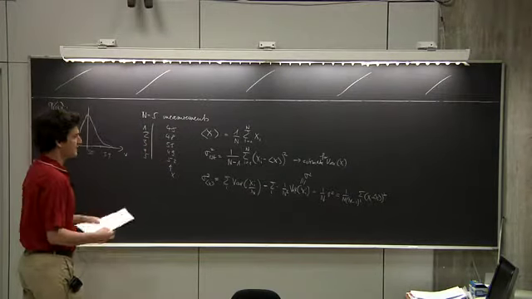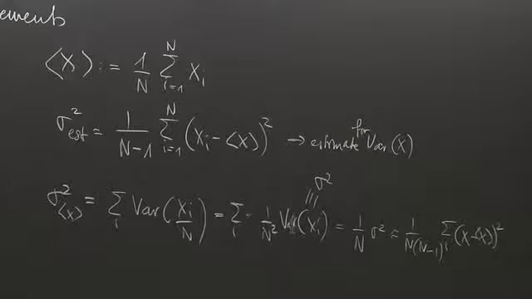So after having made, now let's put this in practice, after having made these 5 measurements, you will calculate x equals, in this case, just 50. And then you compute this value here, which is 1 over square root of n of sigma of x.